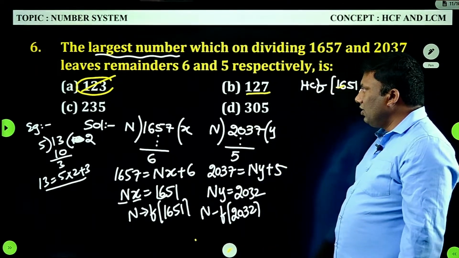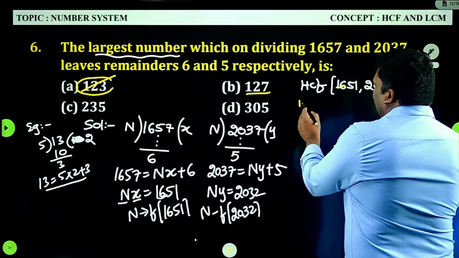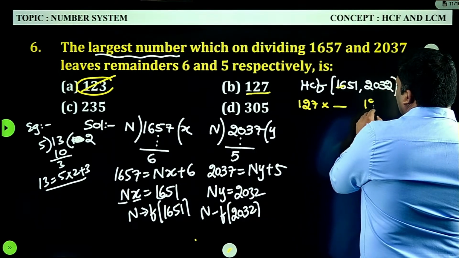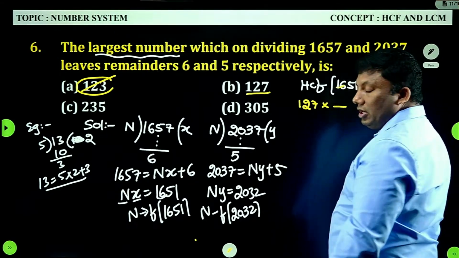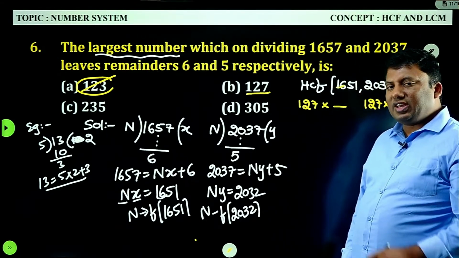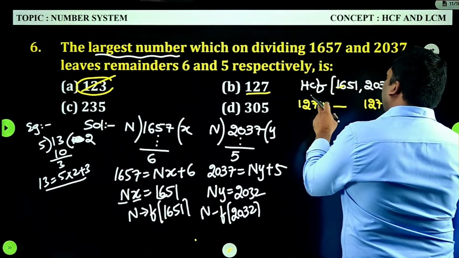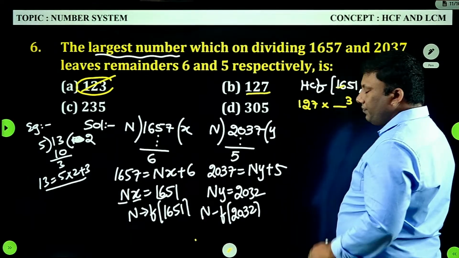Let us look at 127. Let us see whether we are getting any answer. 127 into something. 7 multiplied by which number will give 1? 7 threes are 21.